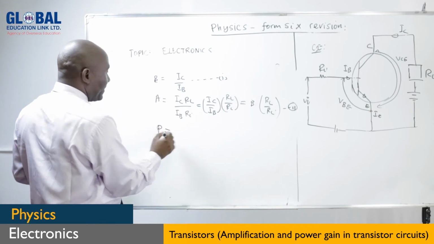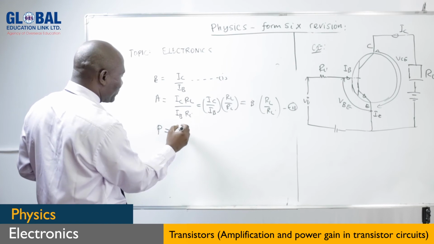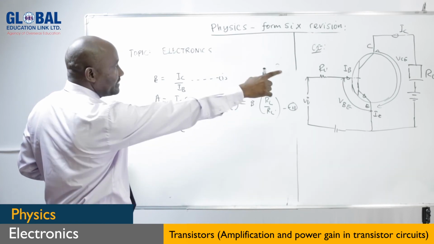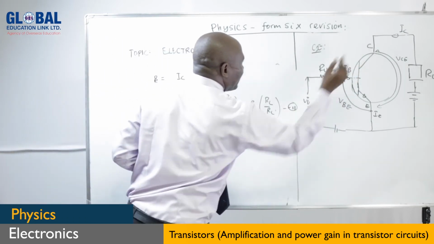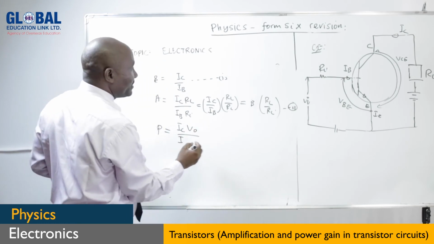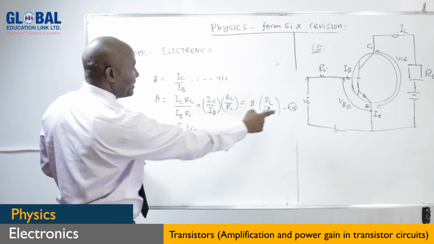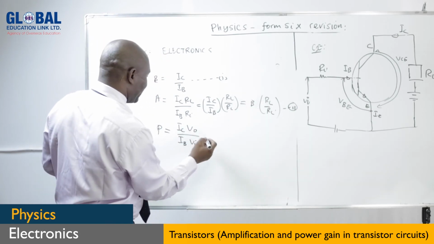You can find the power gain as the output power over the input power. The output power is the current IC times the output voltage, and the input power is the base current times the input voltage.